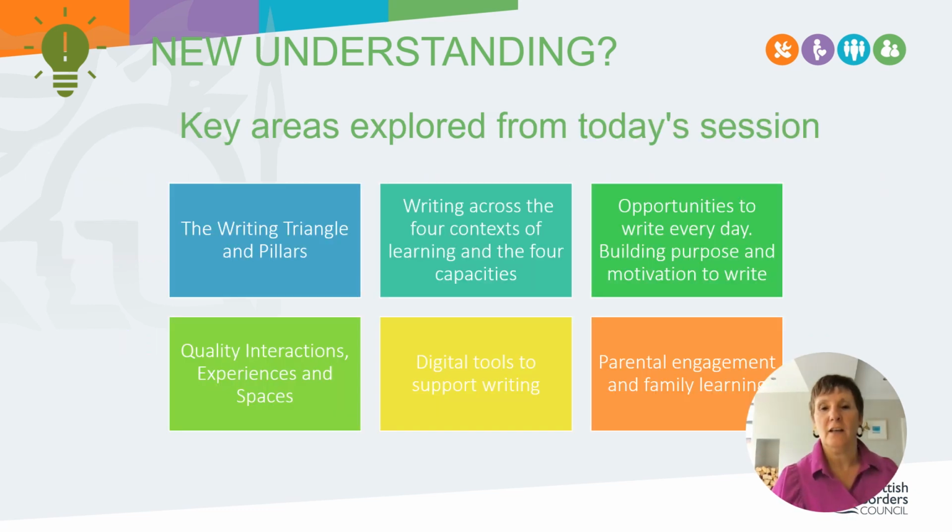So just to recap on some of our content from today's session, we looked first of all at the writing triangle and the pillars. We've also looked and discussed the 4 capacities and the 4 contexts for learning, and how it's important that we embed writing into these 4 areas. We've talked about that importance of writing every day and across different curricular areas, and how we build that purpose and motivation to write.